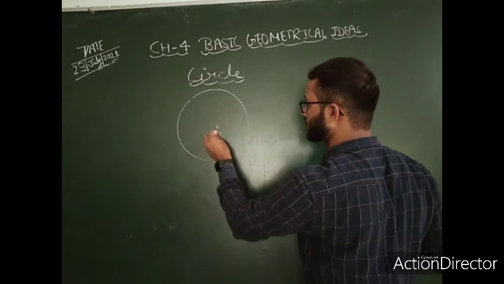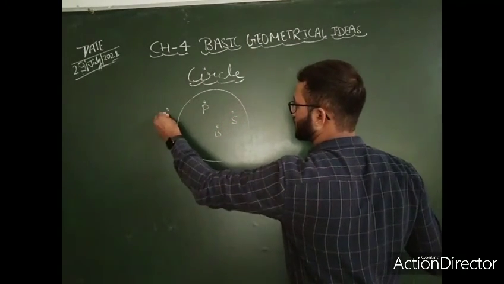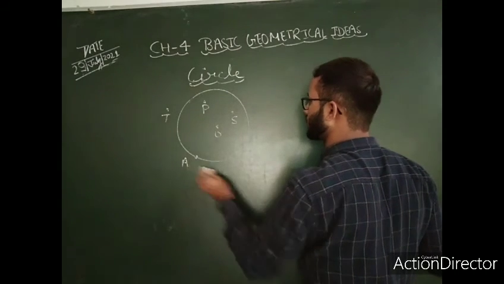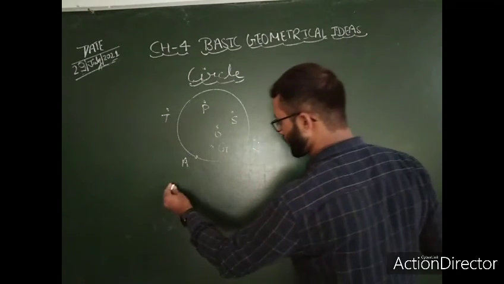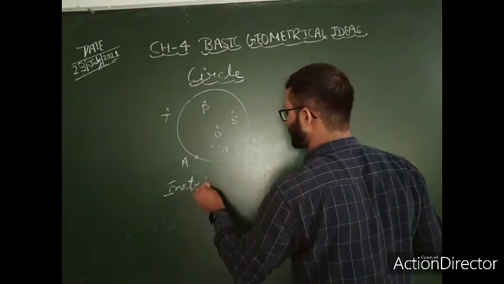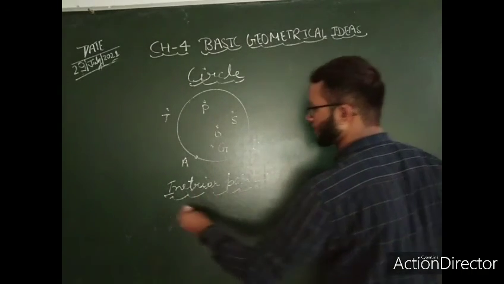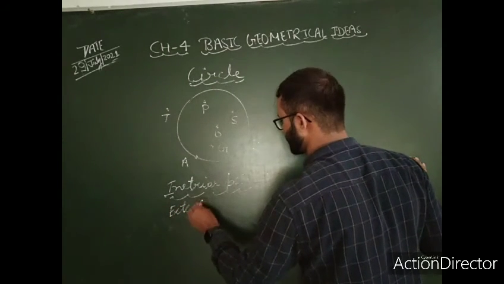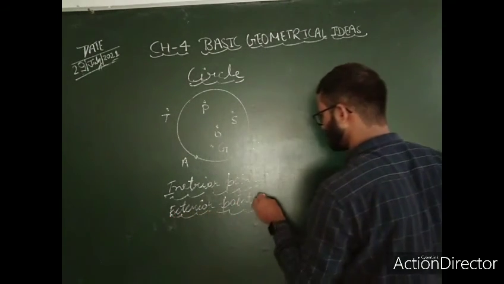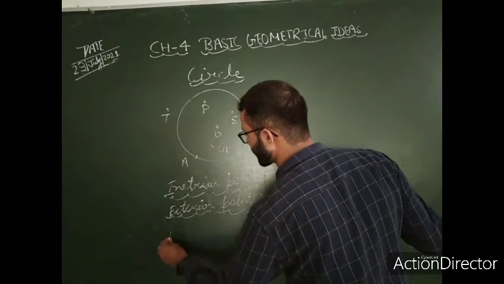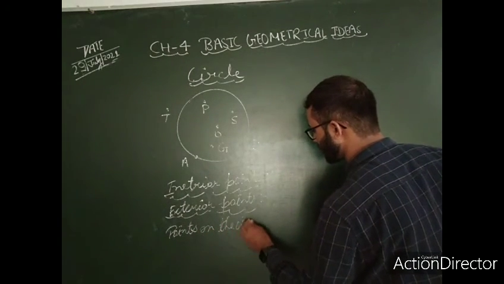We will take some points: P, S, T, A, G, R. So here we find interior points, exterior points, and points on the circle.